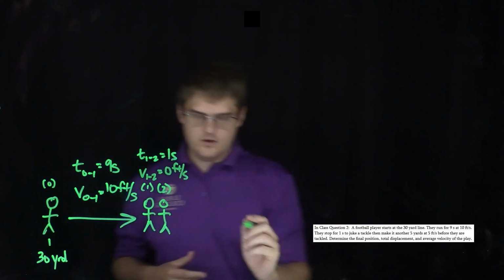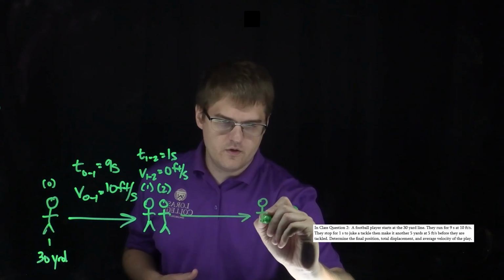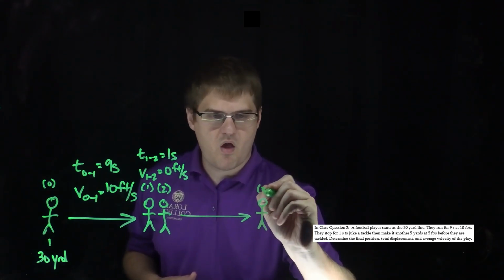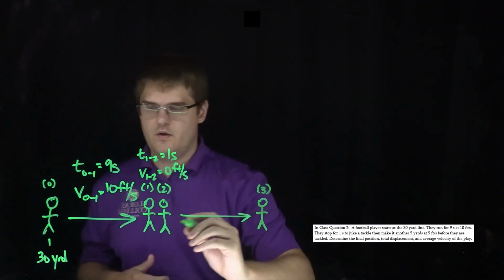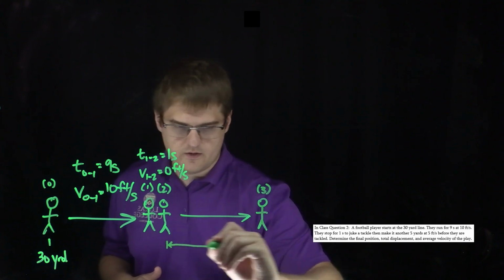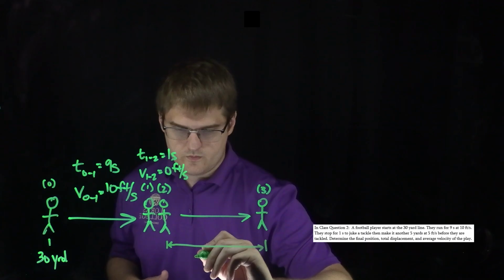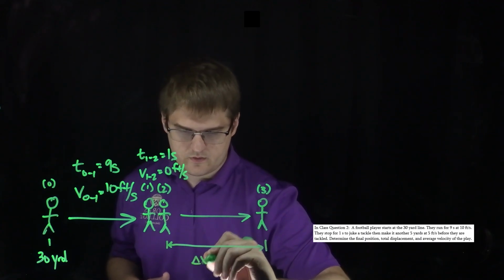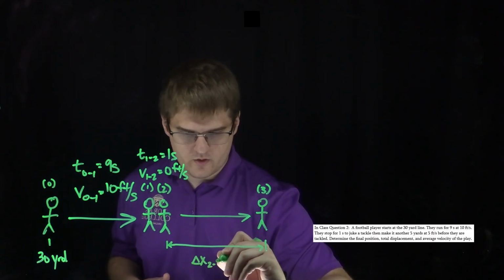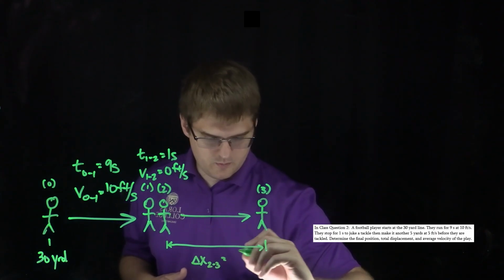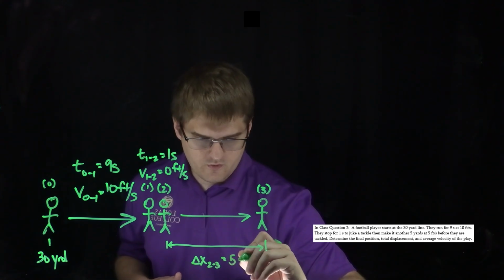And then finally, he goes to what we'll call position 3. He's going to go another 5 yards, so we have a distance now. So we can say that delta x from 2 to 3 is going to be equal to, good grief, 5 yards.